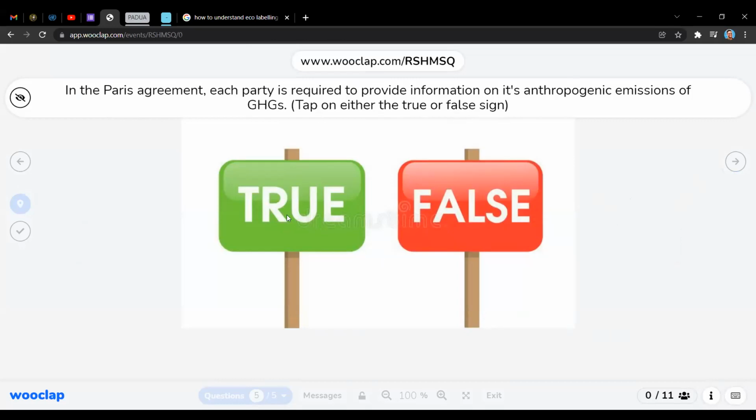So basically you just have to tap which one it is, true or false, that in the Paris Agreement, each party is required to provide information on its anthropogenic emissions of greenhouse gases. So just tap. When you tap, you should press submit answer so that it records that you have submitted.